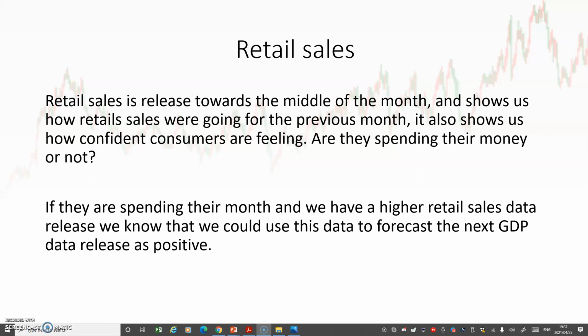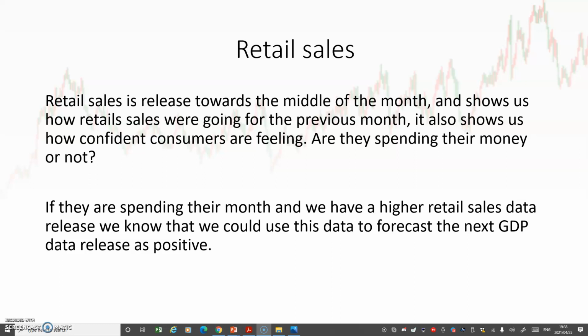Retail sales will show you basically how the sales are going for retail stores. Okay? So it will tell us that the consumers are confident, they are actually spending money. If people are spending money, it means they have an income, they have a job, they are feeling confident in the economy. And yeah, so this basically will help you forecast the GDP.